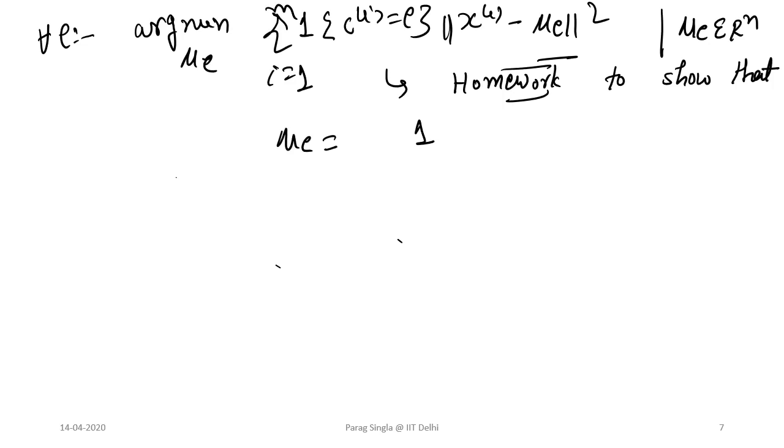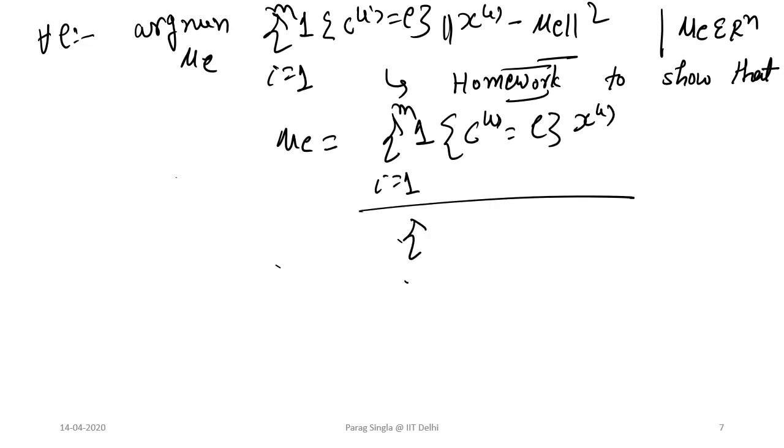So this will be the sum of the indicator of ci equal to L times xi over i equal to 1 to m, and because this is the mean, we simply divide by the number of points belonging to that particular cluster. Great.